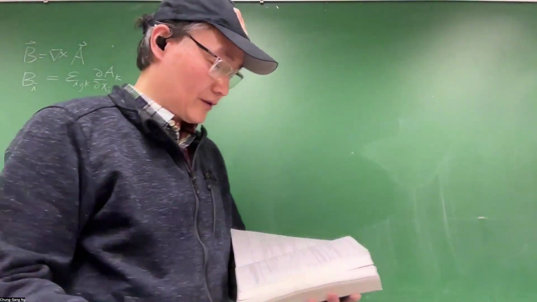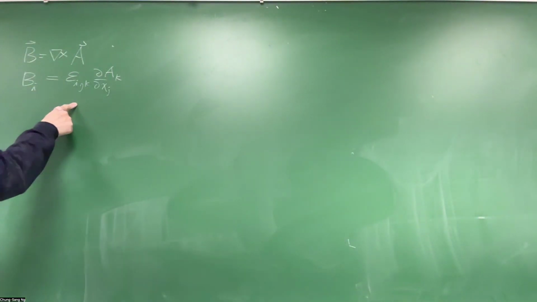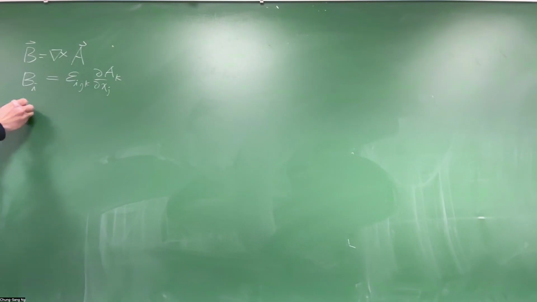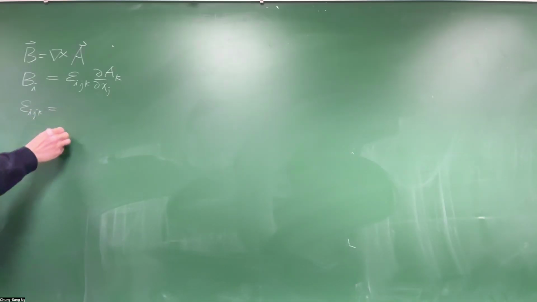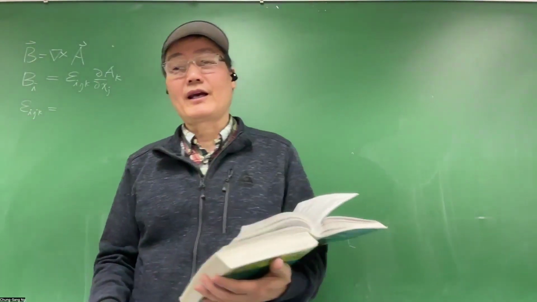Right? That's just how you define the cross product, and this Levi-Civita symbol. We probably learned that before. It's also called the totally anti-symmetric tensor.